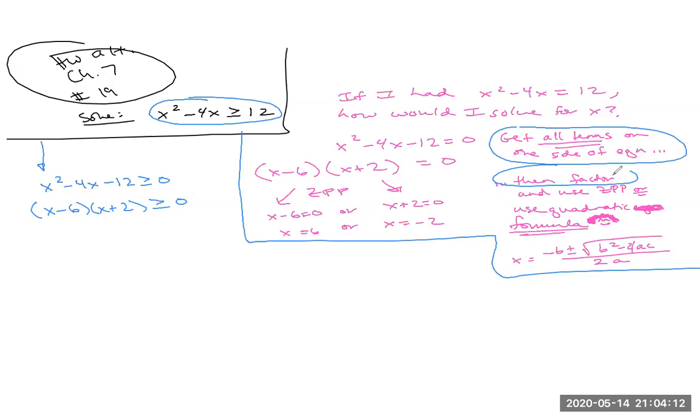We're still going to need to know when it is equal to 0, so we'll use ZPP, but that's going to help us find our boundary values. So the boundary values would still be the same: x equals 6, x equals negative 2.